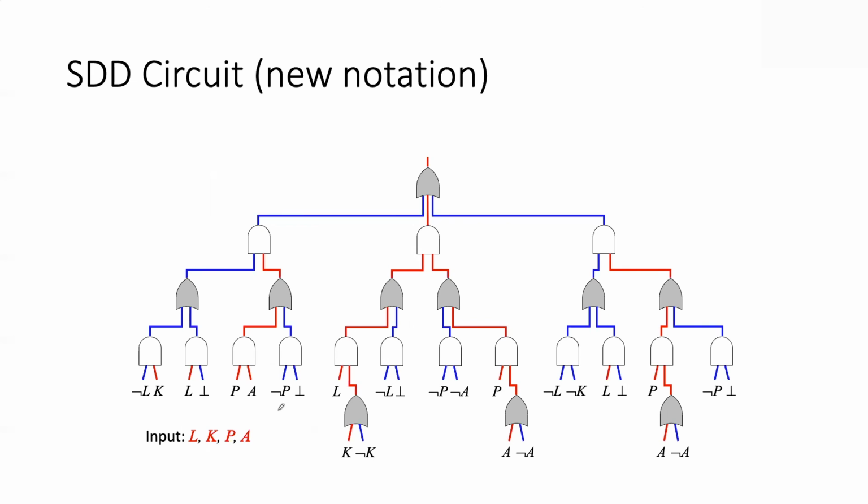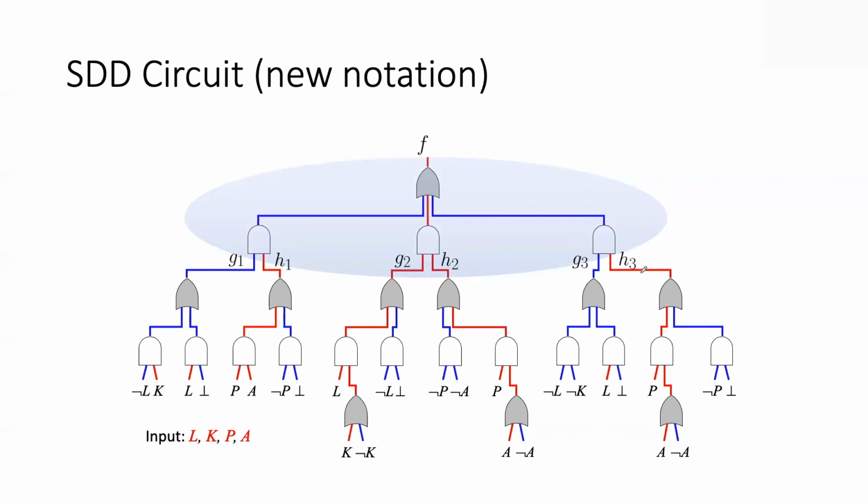And this is actually an SDD. If you look at it carefully, you'll see that it's made up of fragments that look like this. Let me mention this because it's interesting. We draw some connection to digital logic. This is the OR node, and these are the elements. If you label these, you can see that these are the primes, G1, G2, G3, and these are the subs.